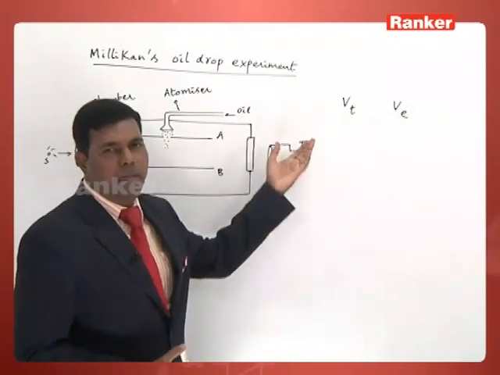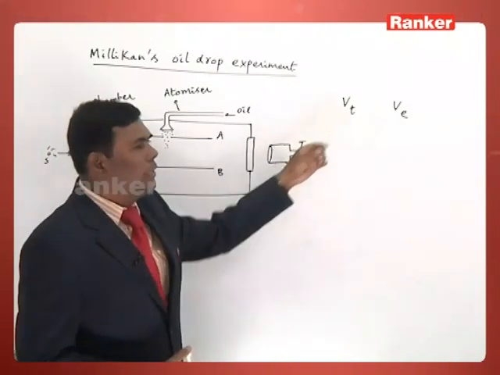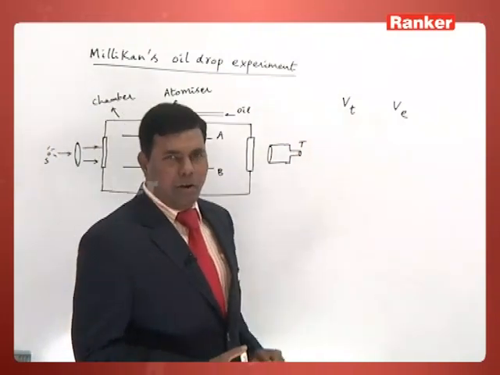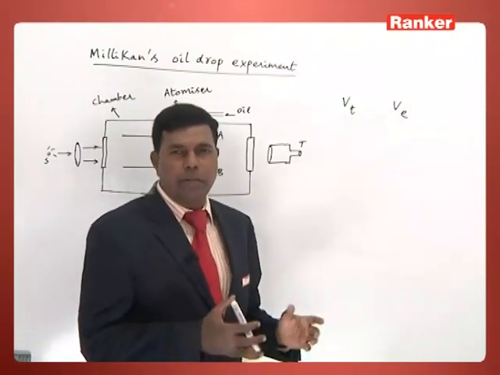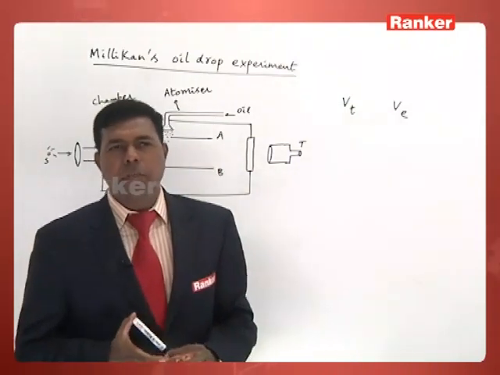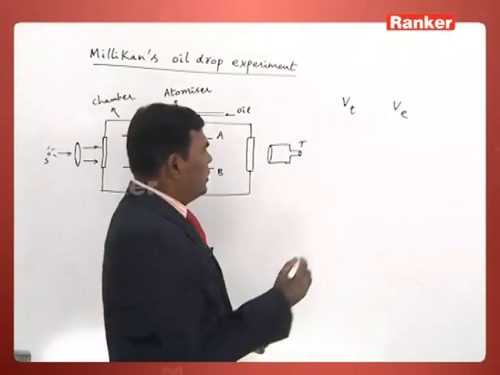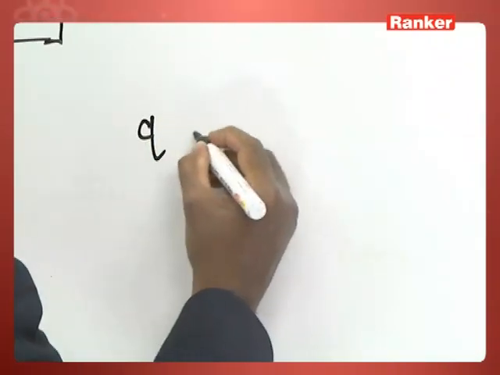By knowing these two velocities, we can determine the charge on the oil drop: the velocity without the application of the electric field, which is known as terminal velocity Vt, and after that, the velocity acquired by the oil drop when the electric field is applied, that is Ve. By knowing these two values, we can determine the charge on the oil drop using this expression.